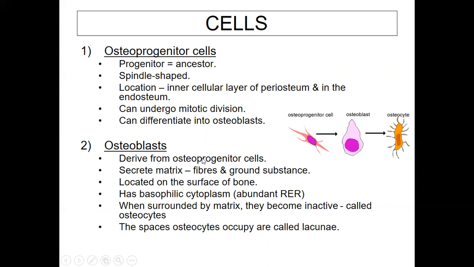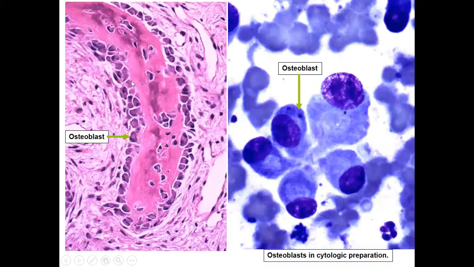The function of the osteoblast is to secrete the matrix, which consists of fibers and ground substance. Osteoblasts are located on the surface of the bone. If you see this picture, this is the bone, and the osteoblasts are found on its surface.